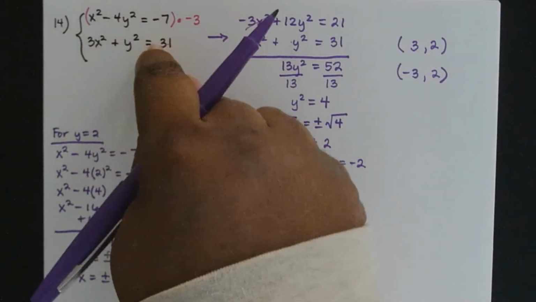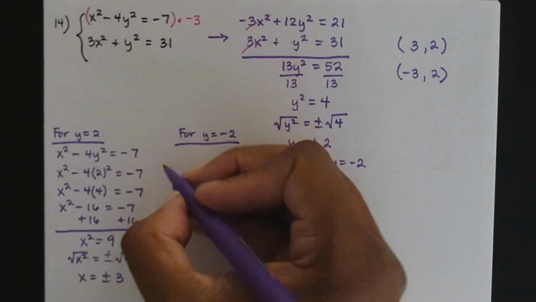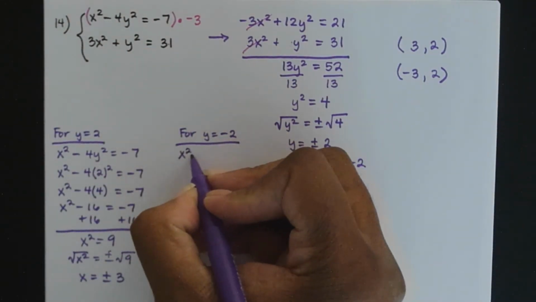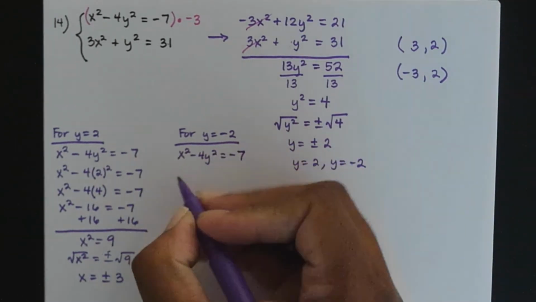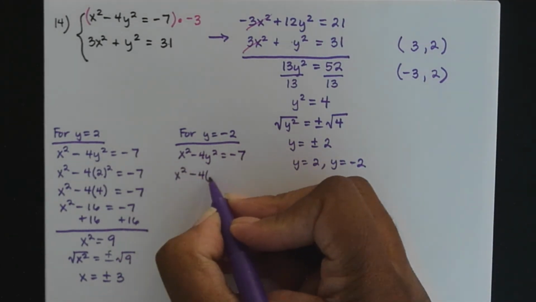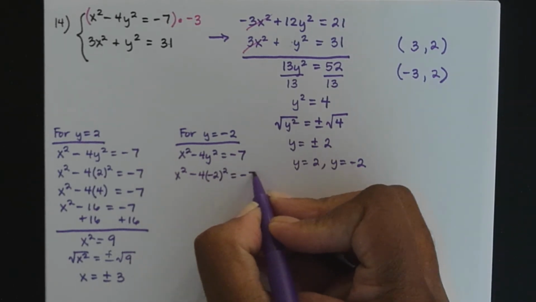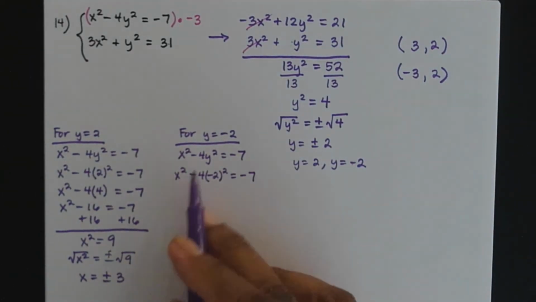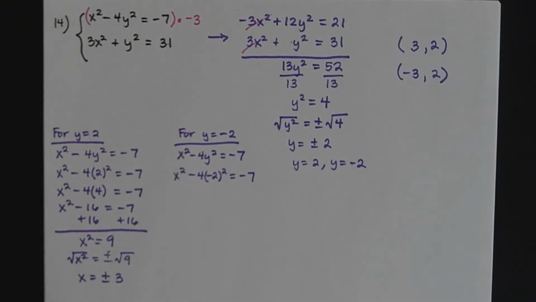I can use either one of these two original equations. Let's use, again, x squared minus 4y squared equals negative 7, and substitute the y this time with negative 2. So I got x squared minus 4 times negative 2, squared, equals negative 7.